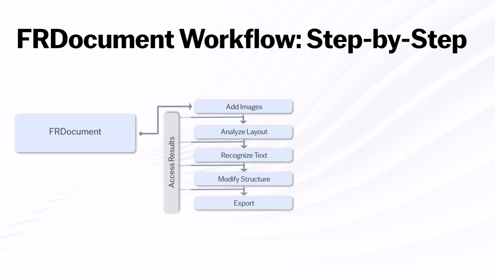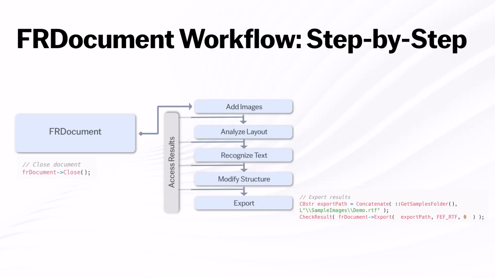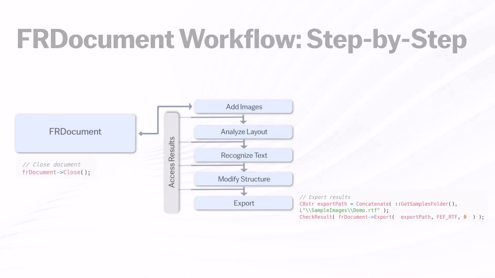Once recognition is complete, we call the Synthesize method. This step reconstructs the document from the recognized content, preserving its logical structure and preparing it for output in the selected format. Finally, we export the results to the desired format and close the document to free system resources.